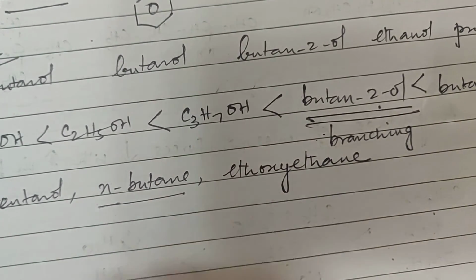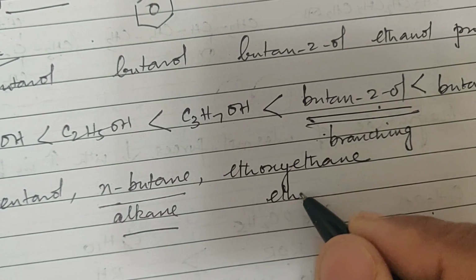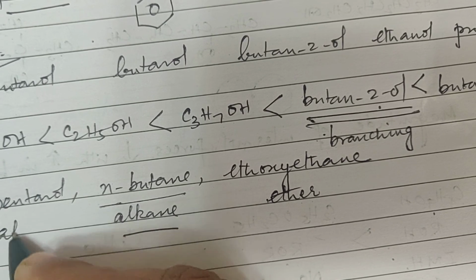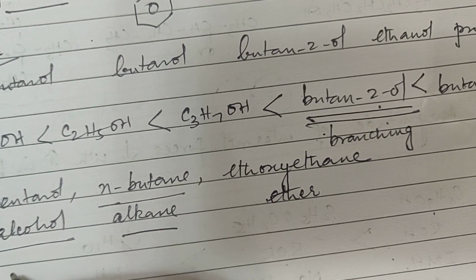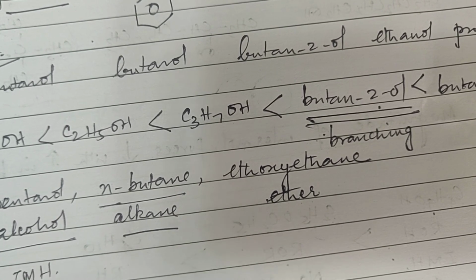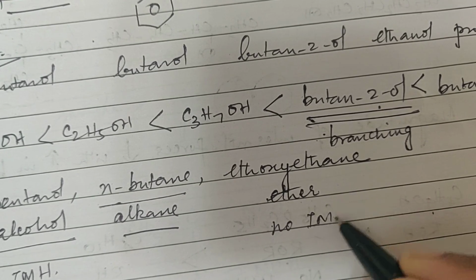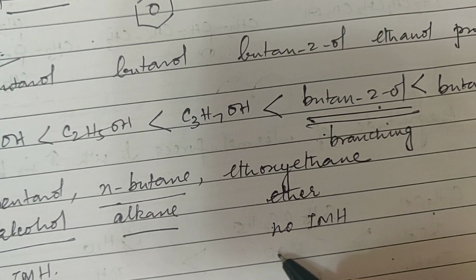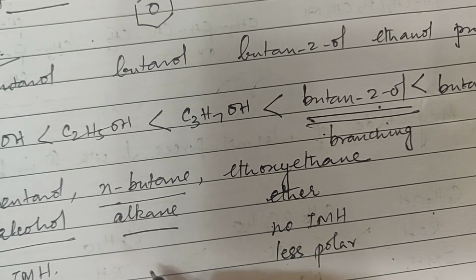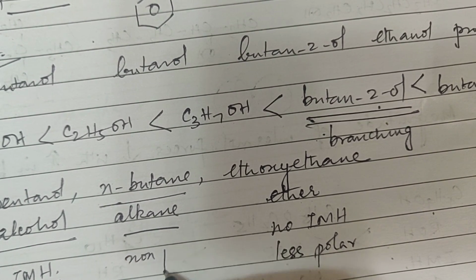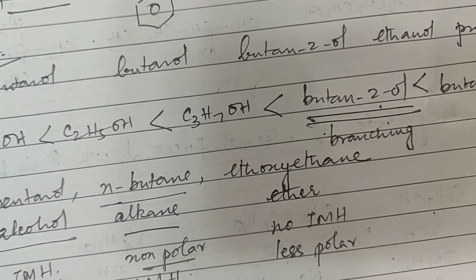Obviously this one, because this is an alkane, this is ether, and this is alcohol. We have already seen that in the case of alcohol, polarity is also there and intermolecular hydrogen bonding is extensive. In the case of ether, there is no intermolecular hydrogen bonding and it is much less polar than alcohol. And here this is non-polar and there is no intermolecular hydrogen bonding as well.